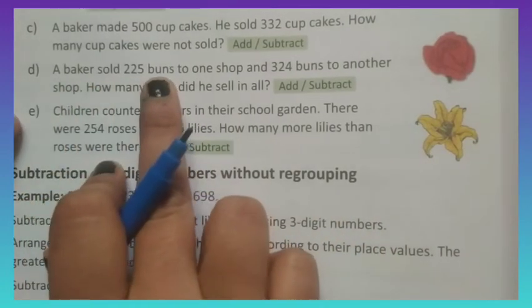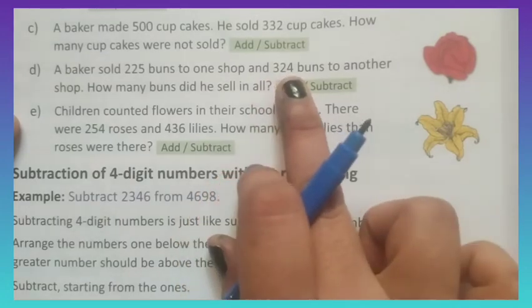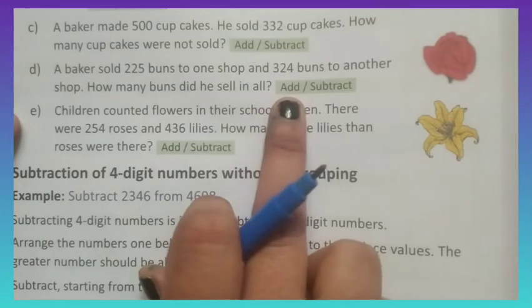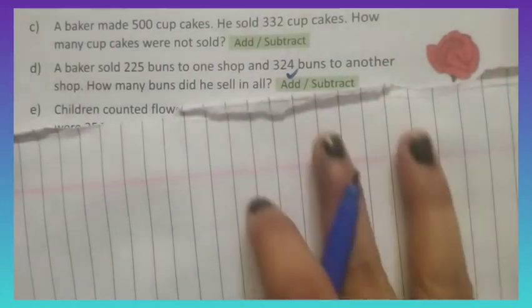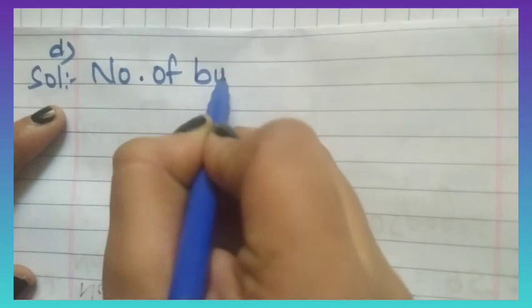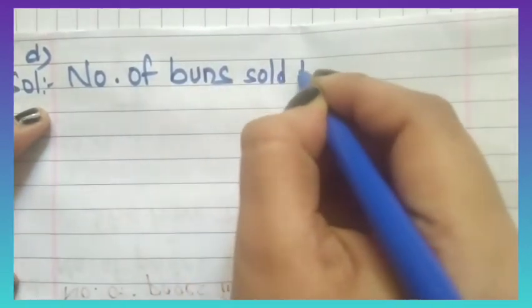Now look at D question. A baker sold 225 buns to one shop and 324 buns to another shop. How many buns did he sell in all? In all means addition. Okay. D solution. Number of buns sold to one shop.